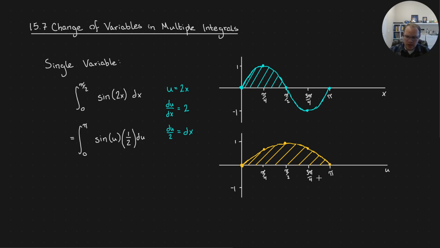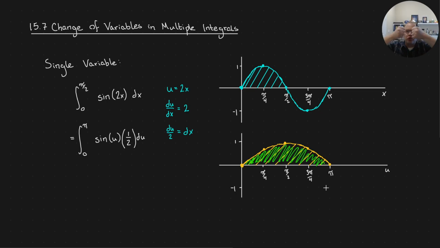So what just happened? By changing the variable from 2x to u, I took my original area that I was integrating over, this area right here, and I effectively stretched it out. So now I'm integrating all of this area.